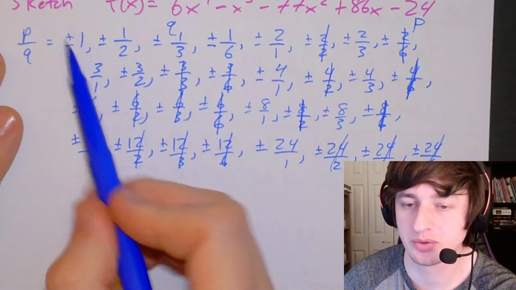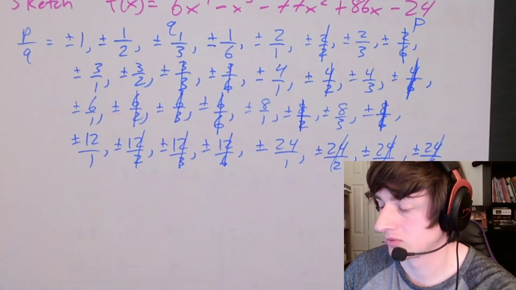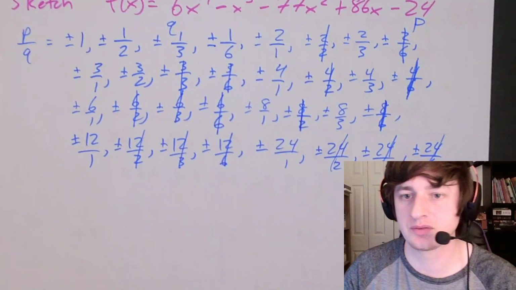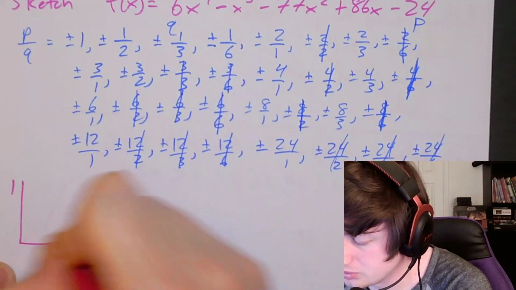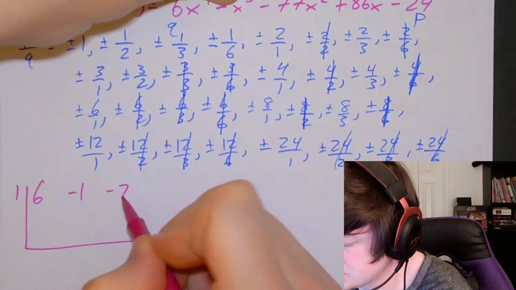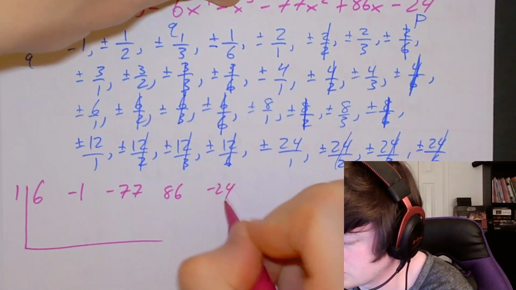So we're just going to start with 1, and then we're going to do a half. And we're checking with the synthetic division. So 1 into 6, -1, -77, 86, -24.